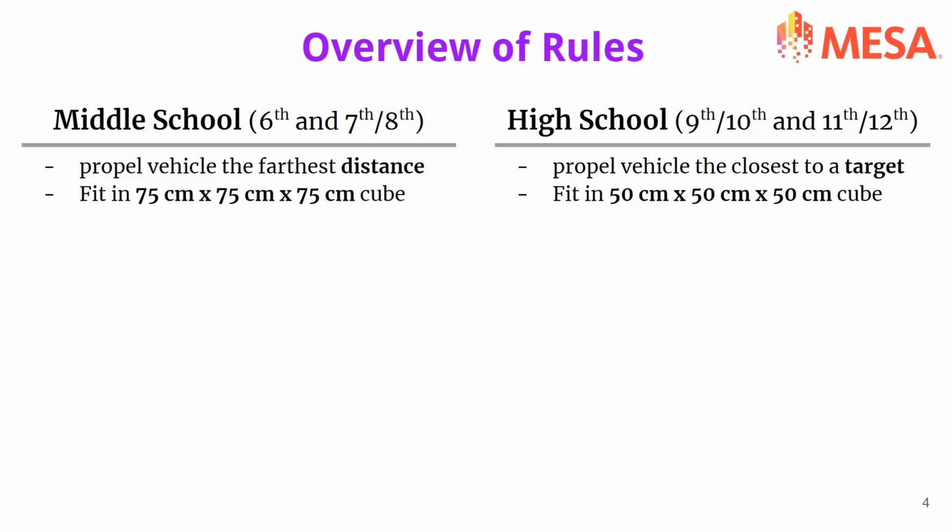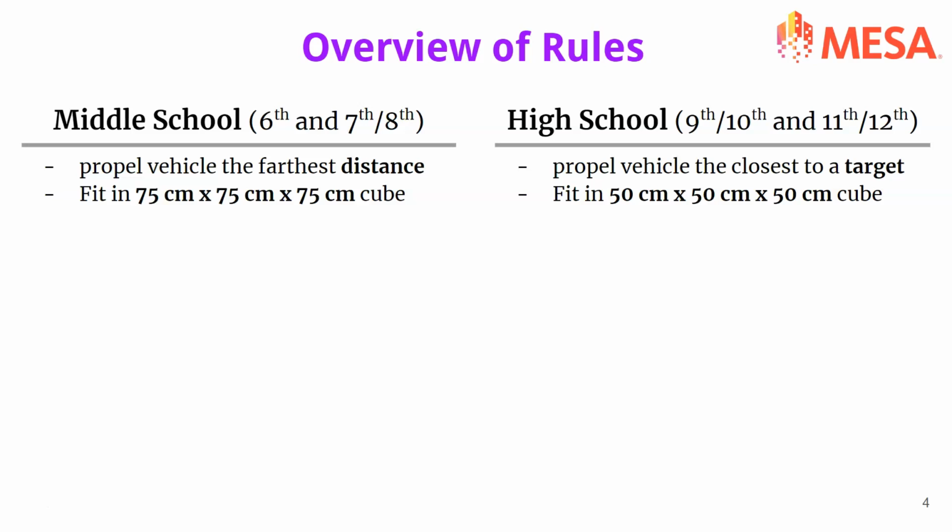Another difference is that in middle school, the student will be allowed to fit the complex machine, or the Mesa machine, inside a 75 centimeter by 75 centimeter by 75 centimeter cube, which in American units is roughly 2.5 feet by 2.5 feet by 2.5 feet.